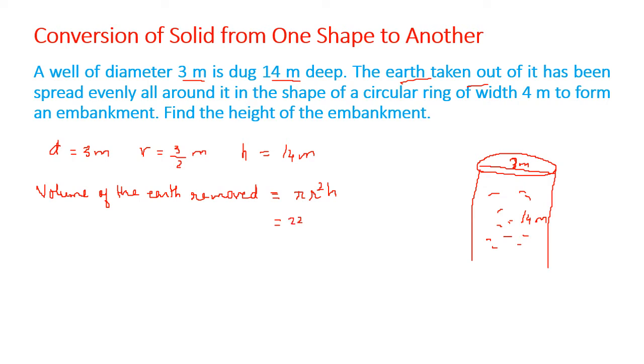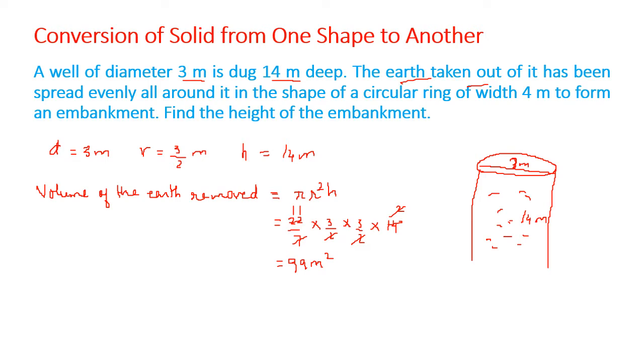So we have 22 by 7 into the radius 3 by 2 into 3 by 2 into 14, which is the height or the depth. 7 ones are 7, 7 twos are 14, and the 2s get cut, 2 ones are 2, 11s are 11. So 11 into 3 into 3 is 99 meter cube. That is the earth removed.